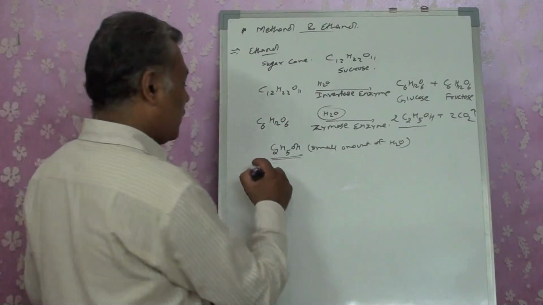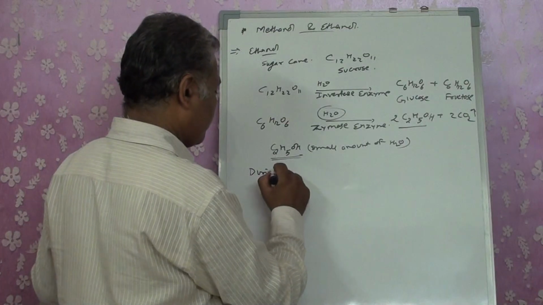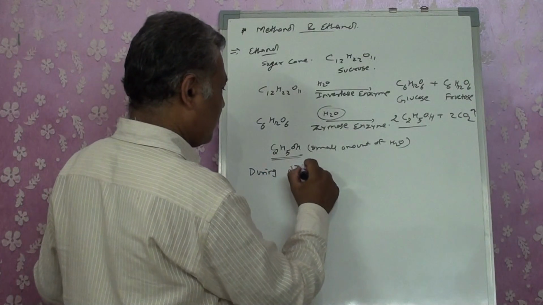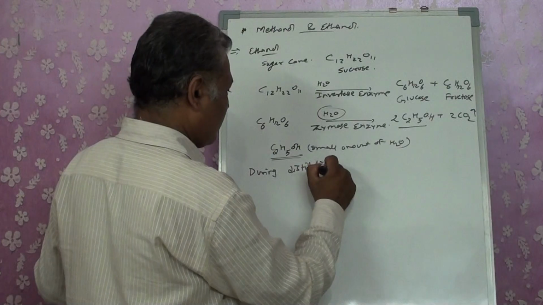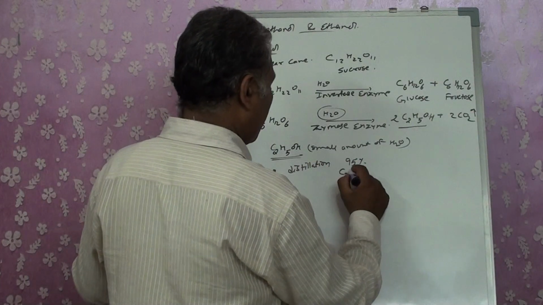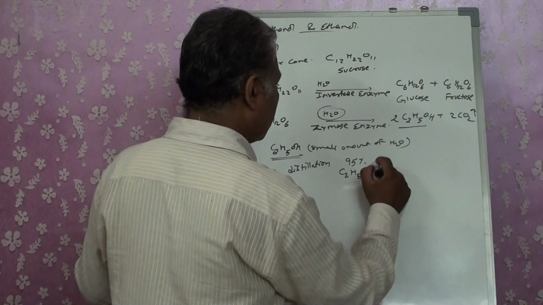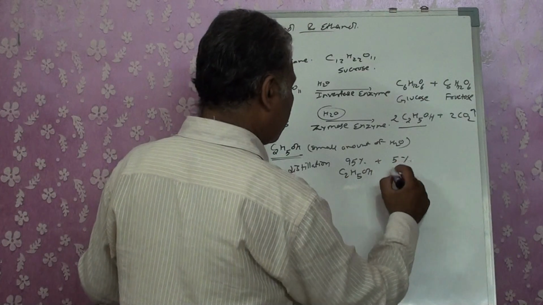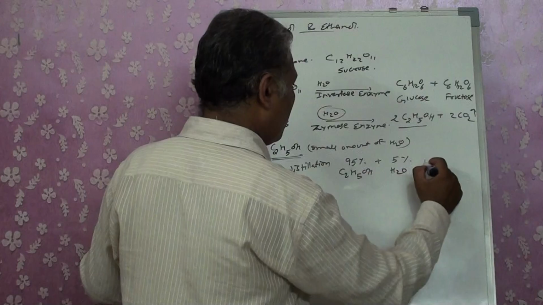During distillation, 95% C2H5OH and 5% H2O forms.